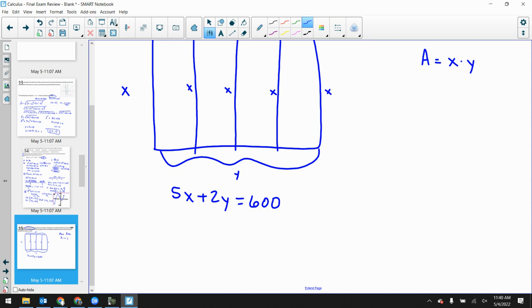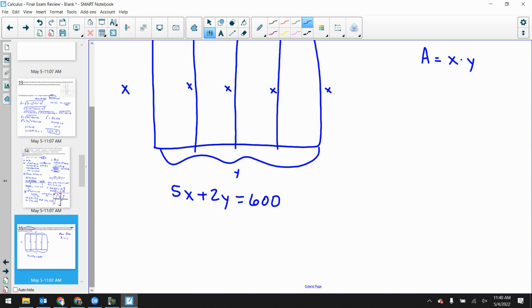Now, because I need to maximize area, I need to get the y out of there, right? So let me create an equation to solve for y that allows me to plug in. Subtract the 5x: 2y is equal to 600 minus 5x, and then I divide by 2. So y is equal to 300 minus 2.5x.